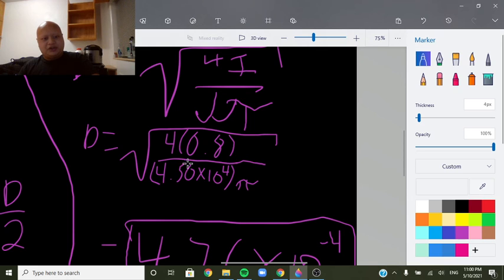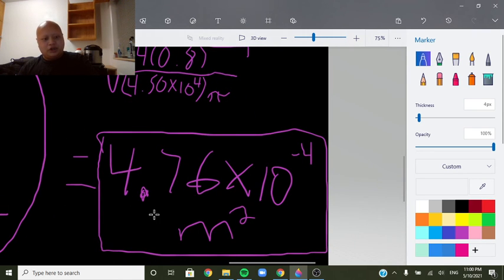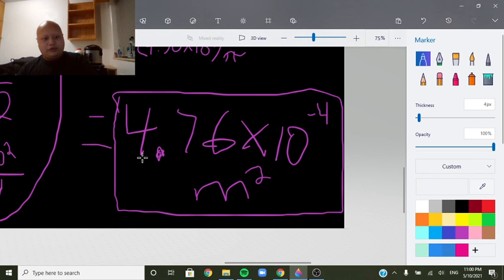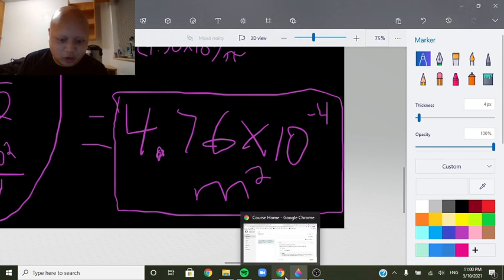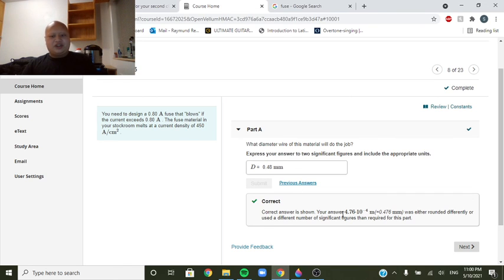So it's 4 times 0.8 divided by 4.5 times 10 to the sixth times pi, and then you square root that, and your answer should be similar to 4.76 times 10 to the negative fourth meters, or in this case, 4.8 times 10 to the negative fourth meters, or just 0.48 millimeters. And that's your answer for problem 27.55.